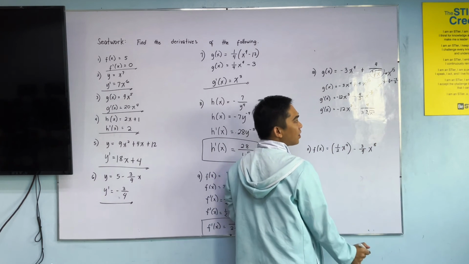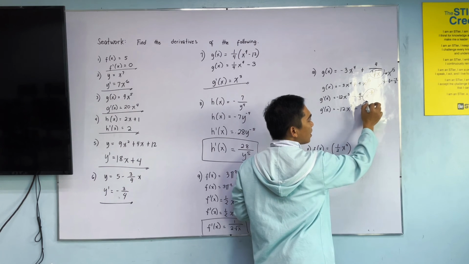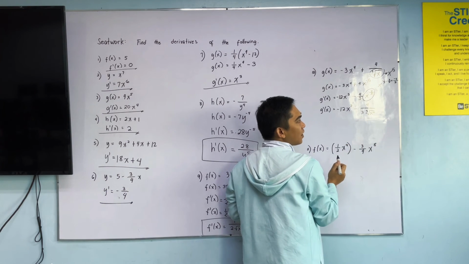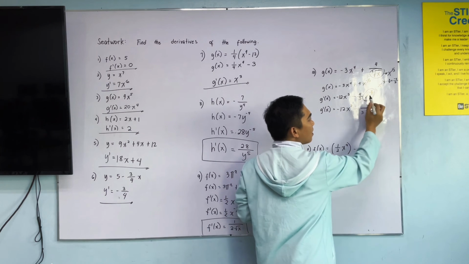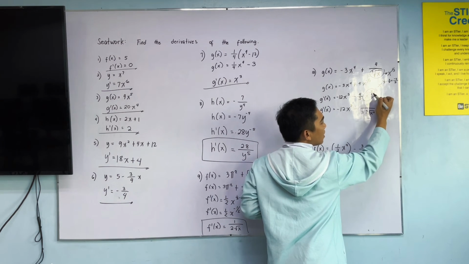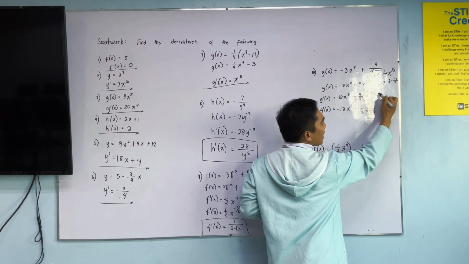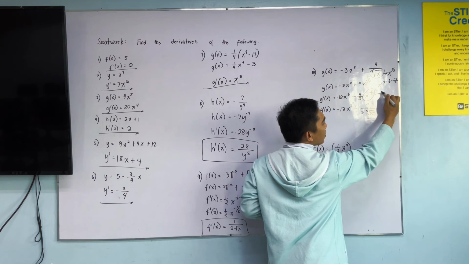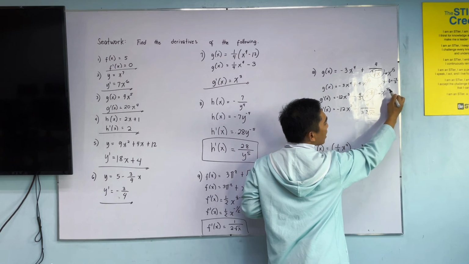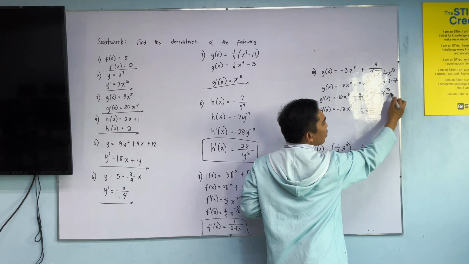O paano nangyari yun? Kasi ito ay negative exponent. So, ibababa natin. Kapag ginawa nating radical yan, yung x raised to 4 over 3 magiging cube root of x raised to 4.